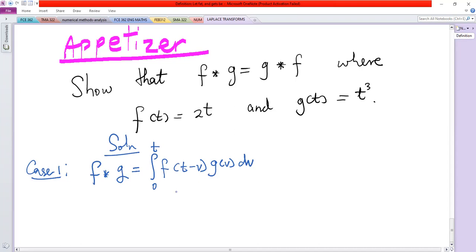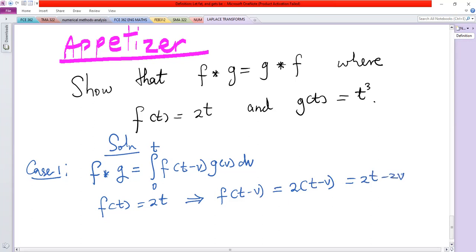So now, f of t equals 2t implies f of t minus v will be given by 2 times t minus v, which is 2t minus 2v.